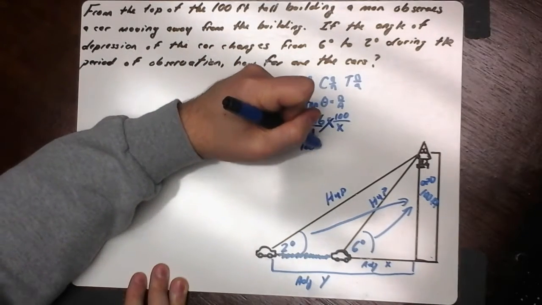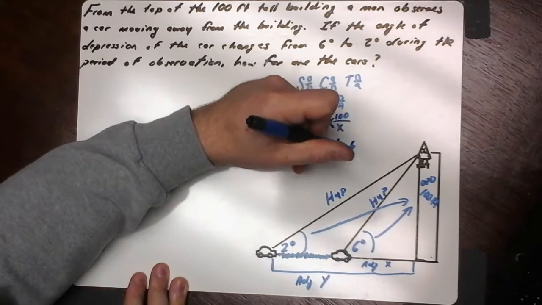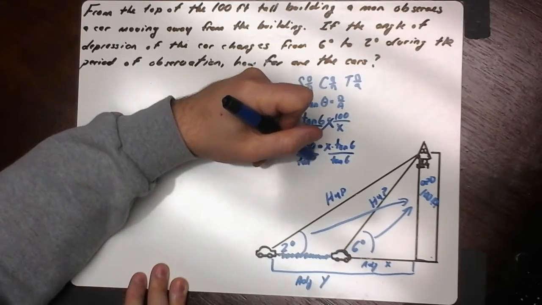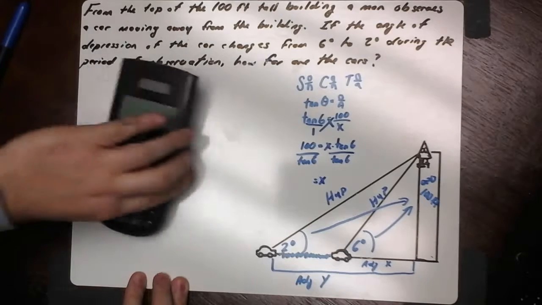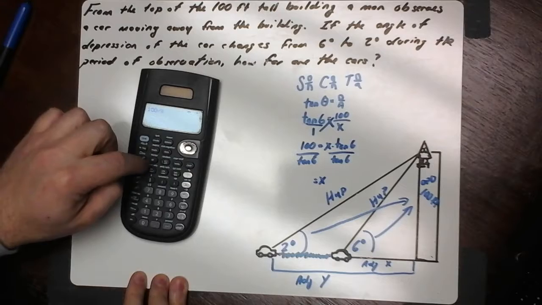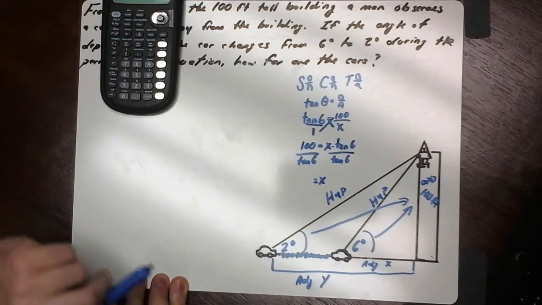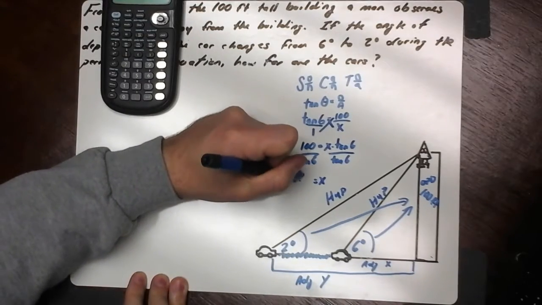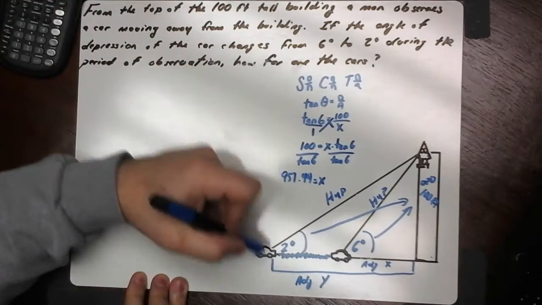So that's 100 equals X times tangent 6. I'm going to divide to get the answer, and let's see what I get. So 100 divided by tangent 6. And that's 951.44. All right, let's do Y.